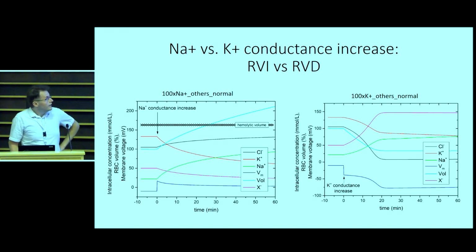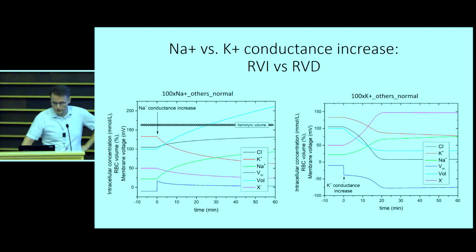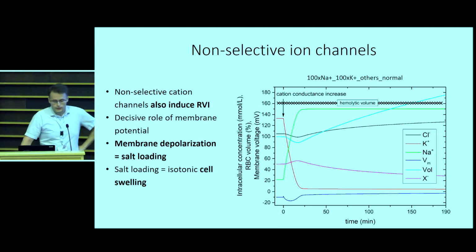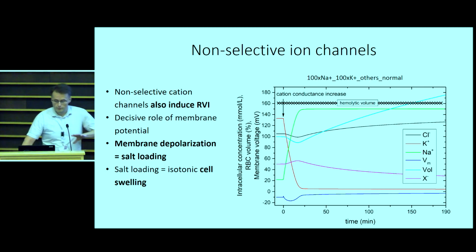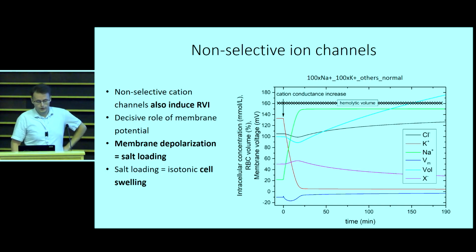On the right side, you can see the opposing response when potassium selective ion pathways are open: membrane hyperpolarization occurs, which is associated with potassium loss and chloride loss from cells and volume decrease. I should emphasize that also in the case of activation of non-selective ion channels, you eventually get cell volume increase, although initially there might be membrane hyperpolarization which induces some volume decrease.